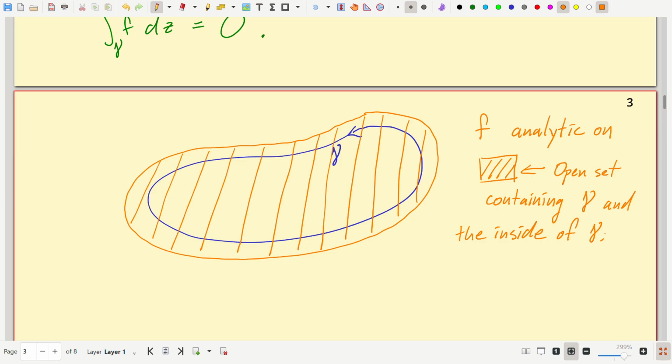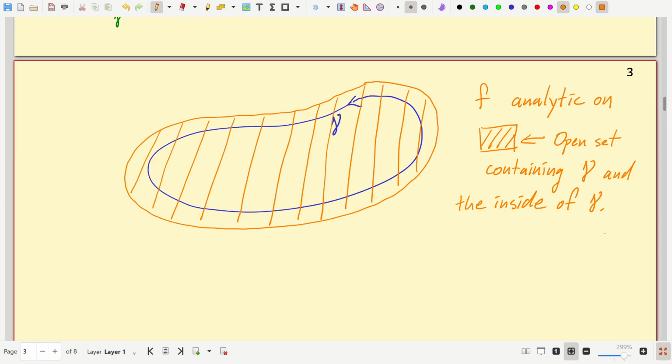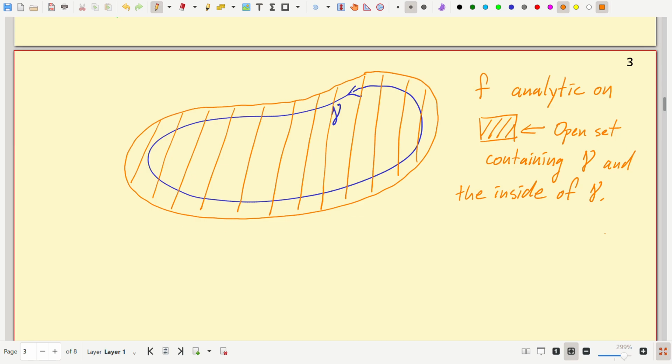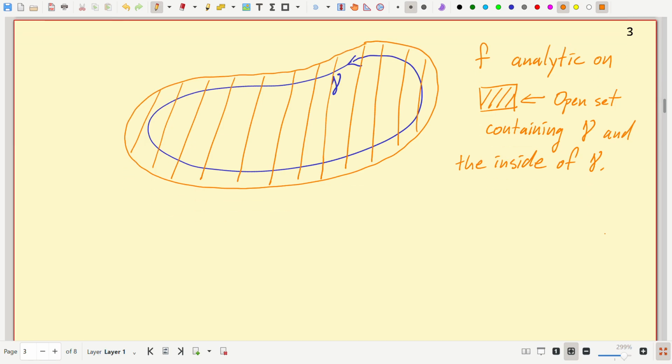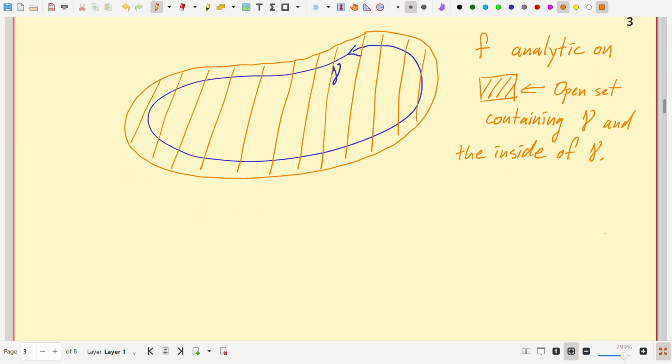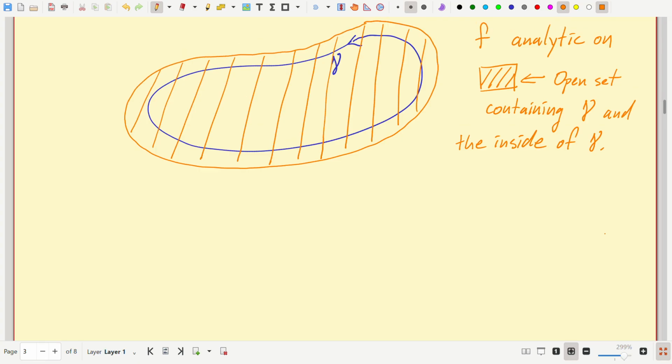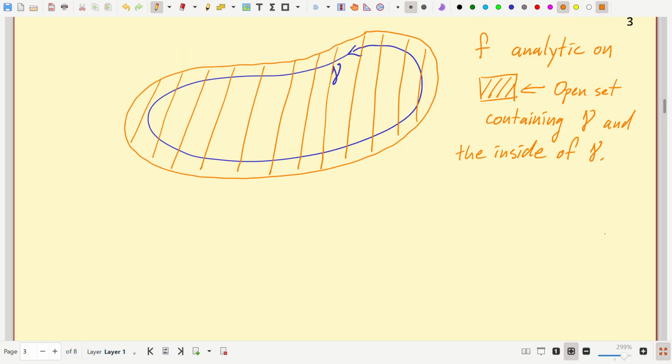I'm going to demonstrate this carefully in the case of a disk, where you don't have to think about any of these more subtle questions about Jordan curves. Because just knowing this fact in the case of a disk is going to give us gobs and gobs of important things about analytic functions. That's the picture.